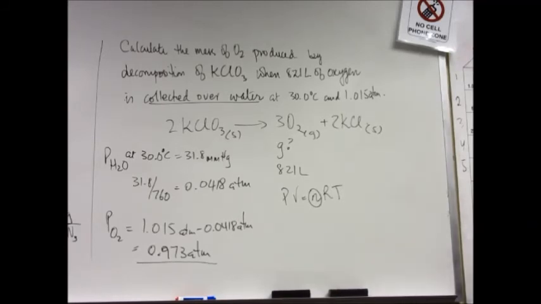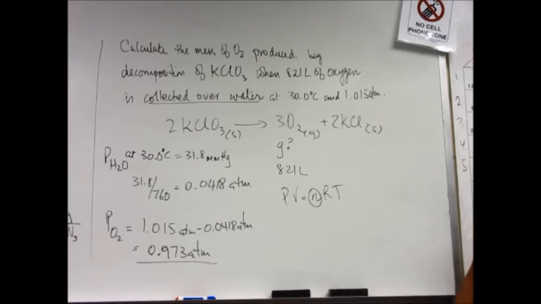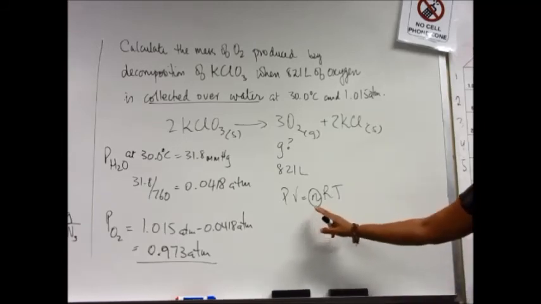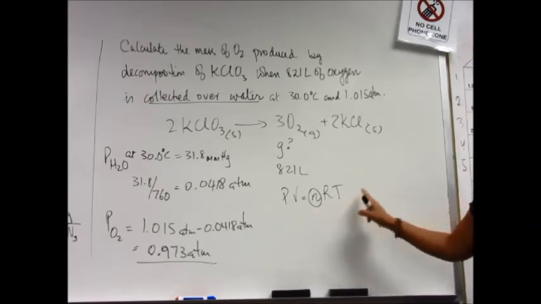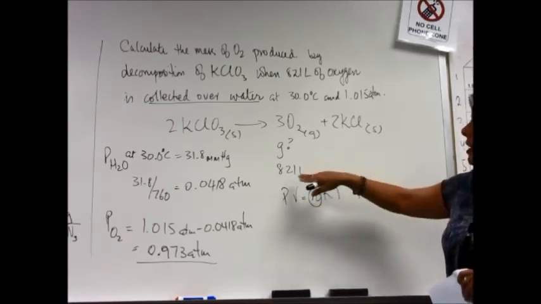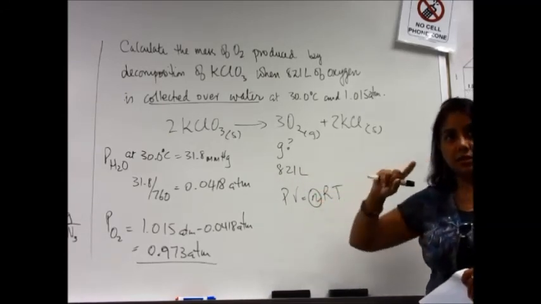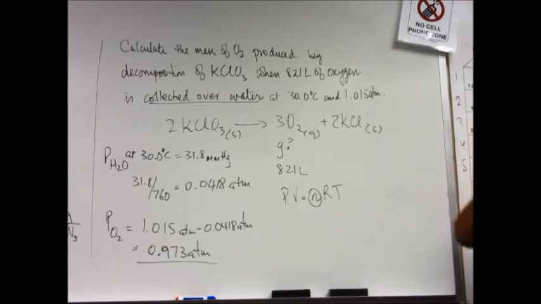If you were looking at a different set of pressure and temperature, then you would use that. So here we only have to use the ideal gas law. You are calculating moles here because that's the only thing you can calculate from here, and this is the only way you can convert liters to grams. Once you calculate the moles, you will then convert the moles to grams. That's how you will do the conversion.